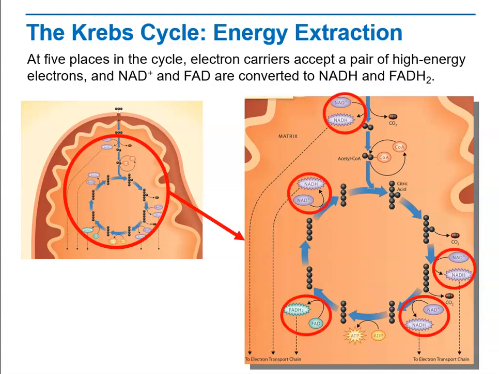The electron carriers NAD+ and FAD combine with hydrogen and high-energy electrons to form NADH and FADH2. Energy released by the breaking and rearranging of carbon bonds is captured in the forms of ATP, NADH, and FADH2.